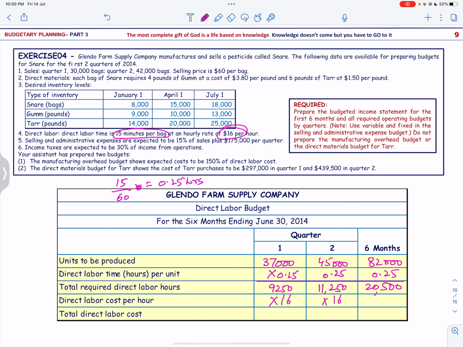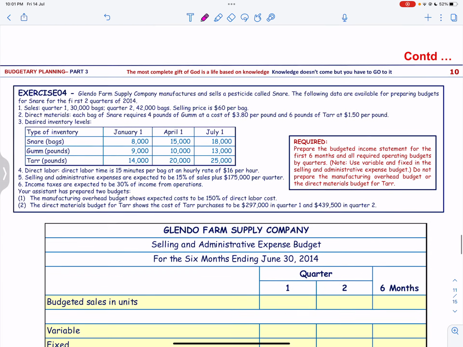So we will now multiply by 16, and the total direct labor cost will be 148,000, 180,000 and 328,000. So that's how we prepare the direct labor budget. And next will be the selling and administrative expenses budget.